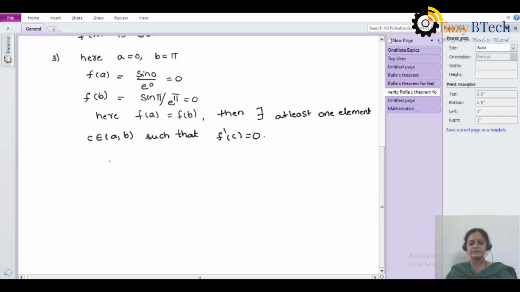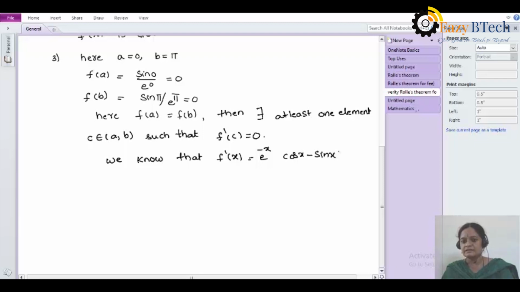According to the second condition, we know that f dash of x is equal to e power minus x (cos x minus sin x). Then simply substitute c in the place of x: f dash of c is e power minus c (cos c minus sin c), and equating to 0.